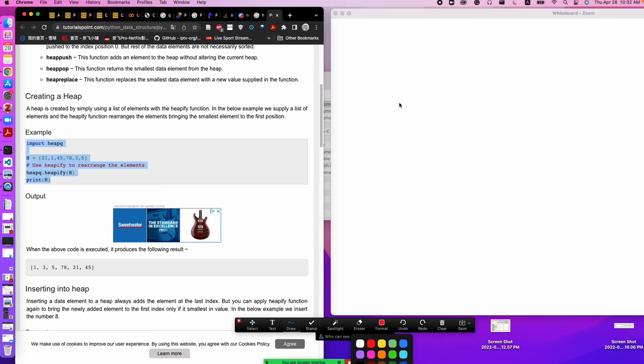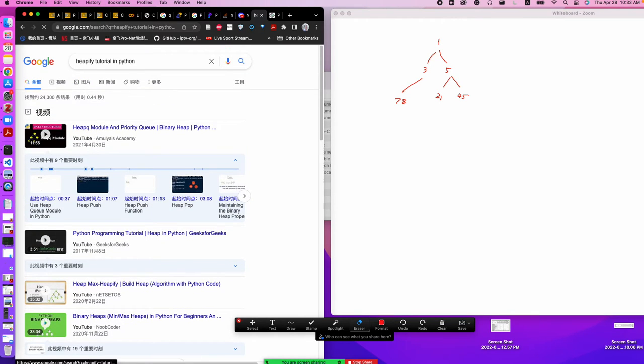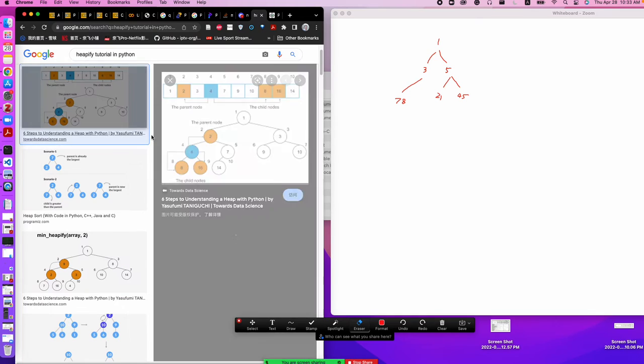So I think the understanding of this heap tree is 1, 3, 5, and then, I don't know, 78, and this one maybe 21 and 45. Right?